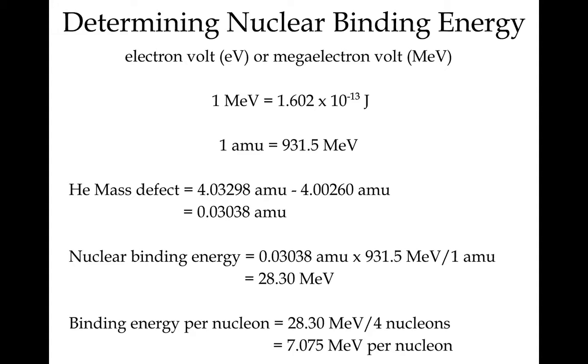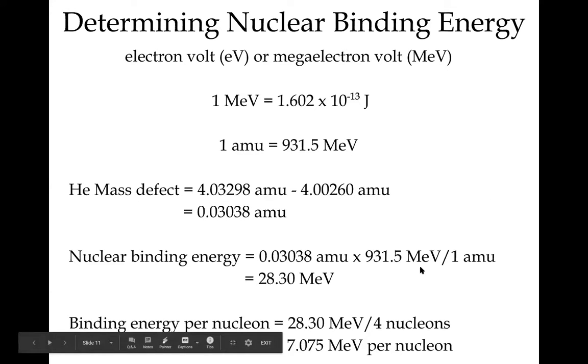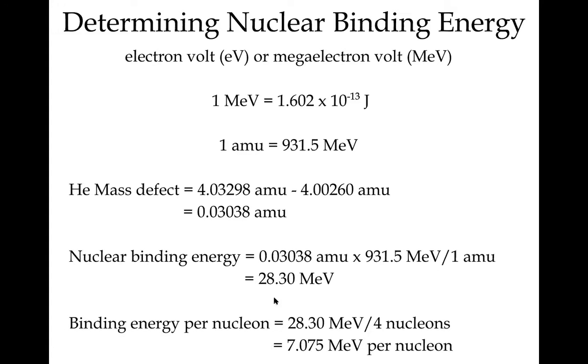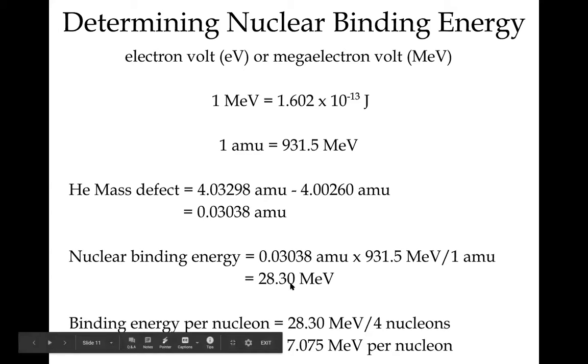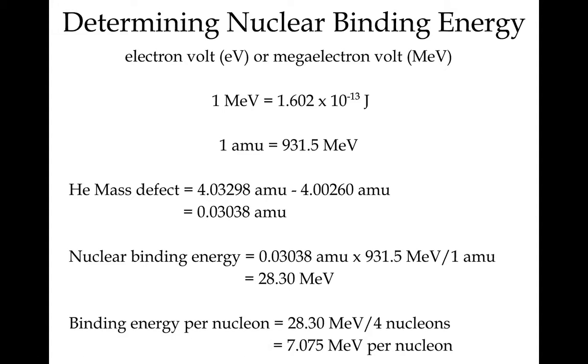You can take that and find the nuclear binding energy by multiplying it by the conversion factor, 931.5 mega electron volts per 1 AMU, and we end up with 28.30 mega electron volts for our nuclear binding energy.